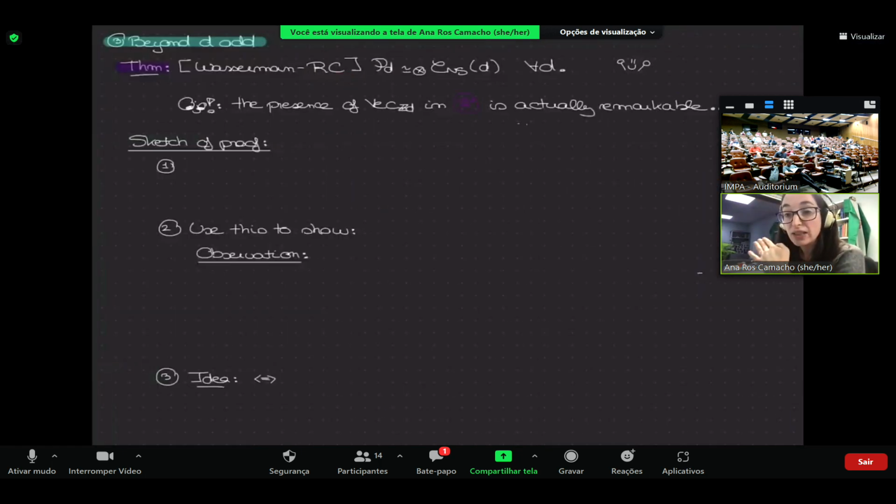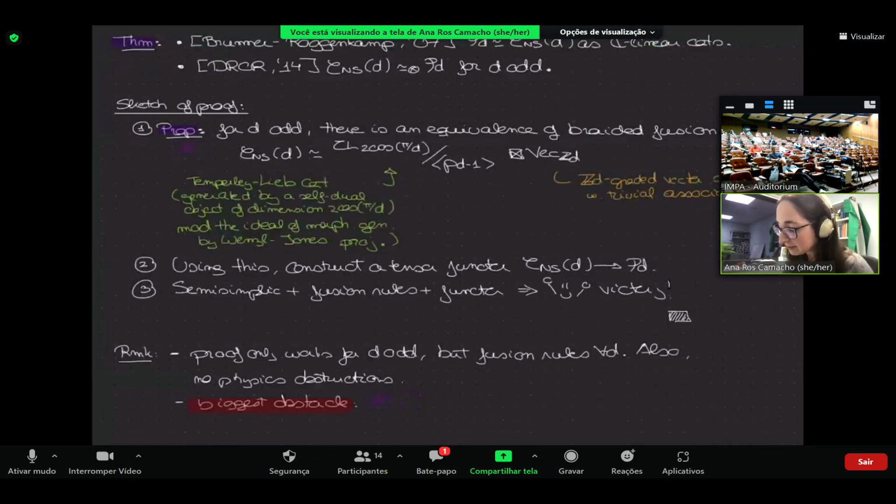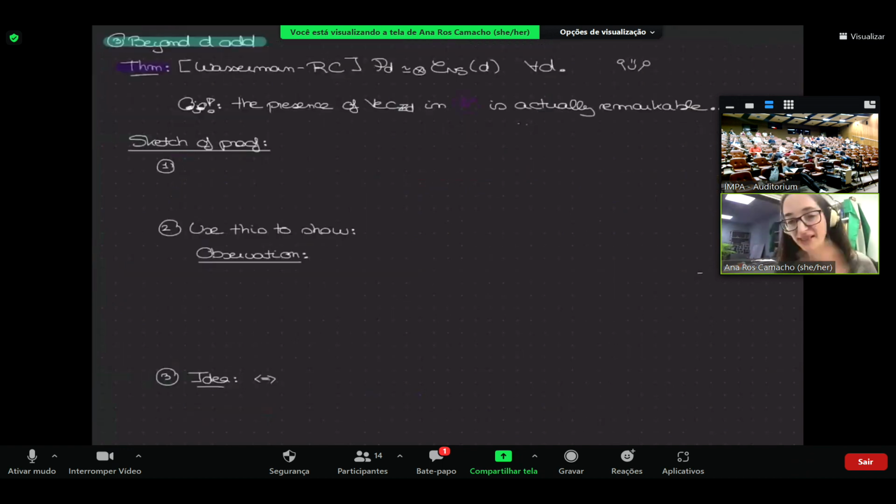We managed to see that actually the equivalence holds true for any value of D. And the trick, what actually gave us the hint, is this presence of Vec Z_D. It's truly remarkable. You don't see this splitting from before. That's something actually special, and that gave us a hint of where to go and how to do this.